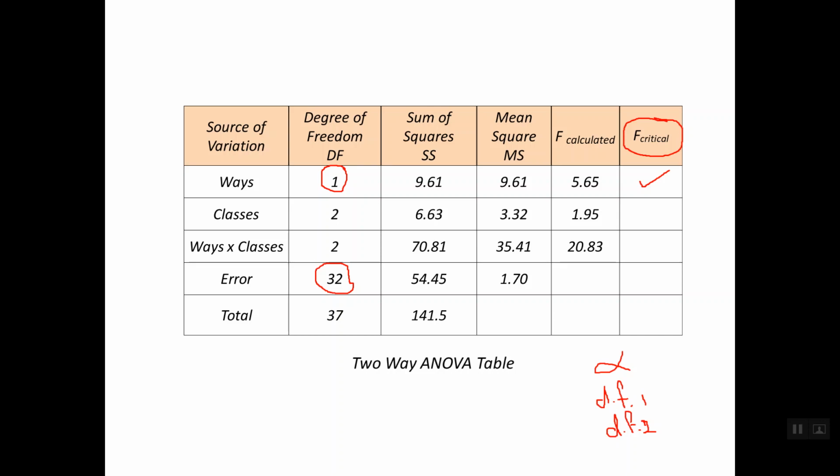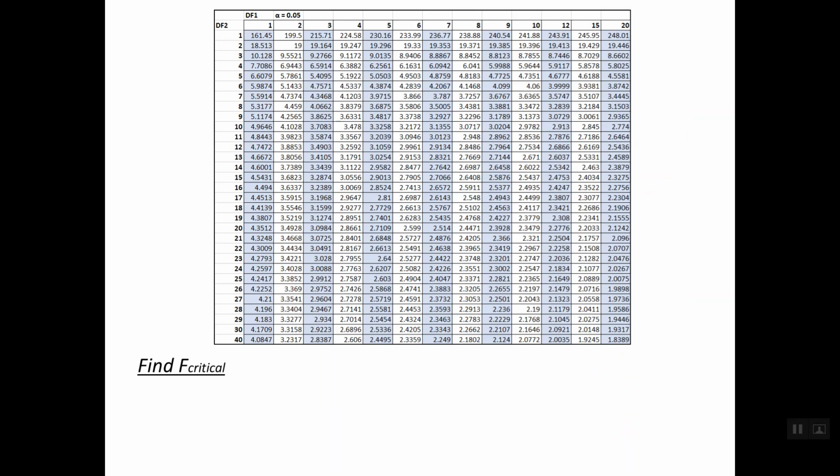So simply now we can return to the F distribution table. This is the F distribution table for alpha equal to 0.05.